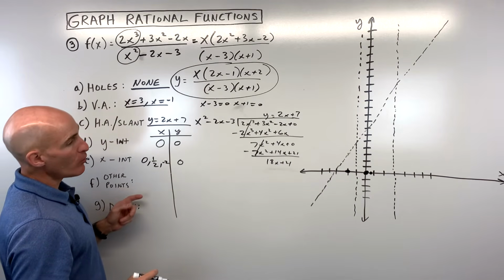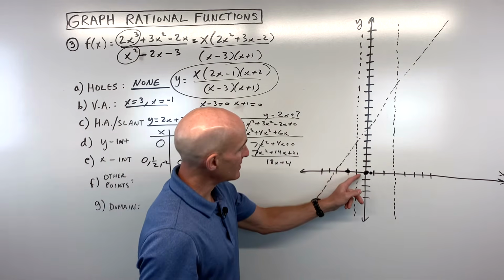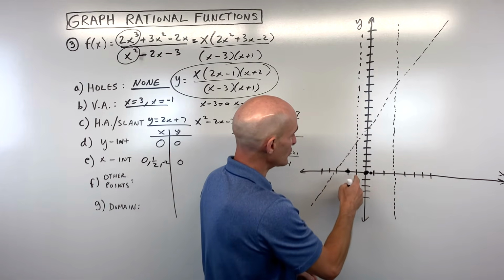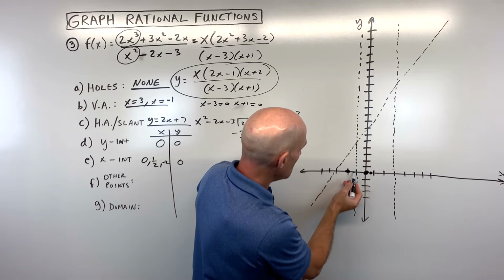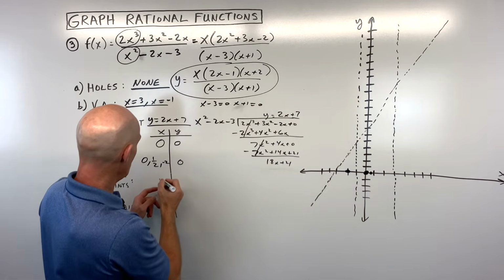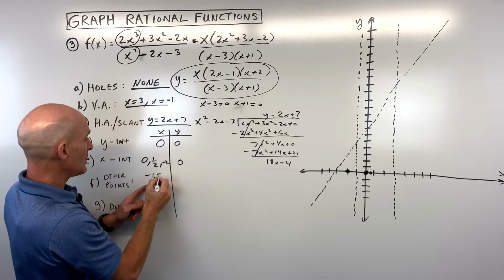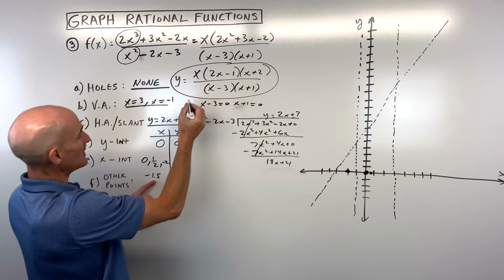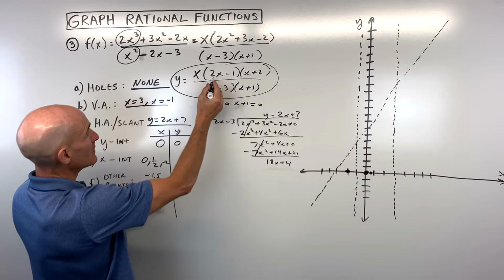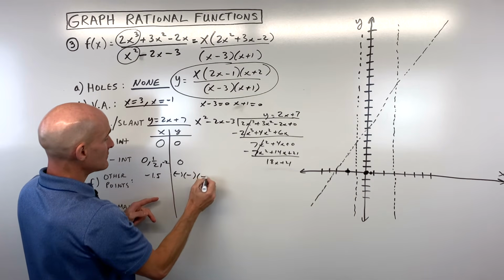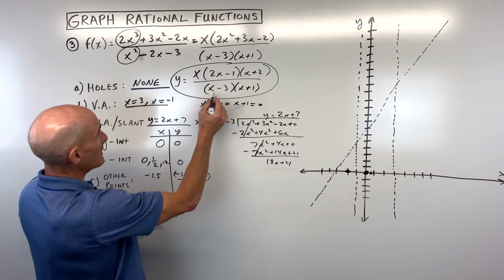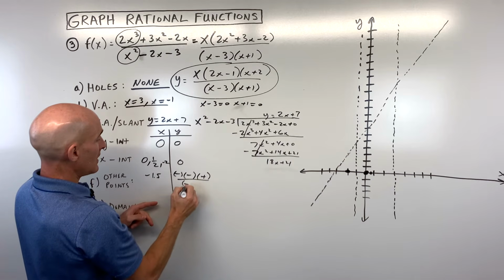And now some additional points. Now we want to plot some points on either side of the vertical asymptotes. So let's maybe start over here. Let's do -1.5. So if we plug in -1.5, we're going to do our sign analysis. We're going to get a negative. This is going to be a negative. This is going to be a positive. And then we've got a negative and a negative.